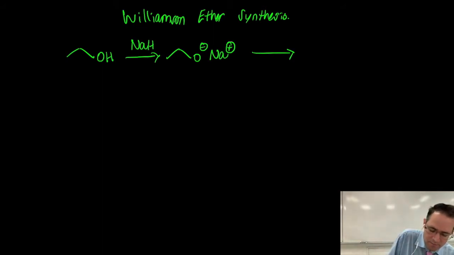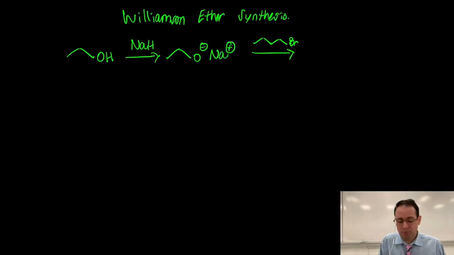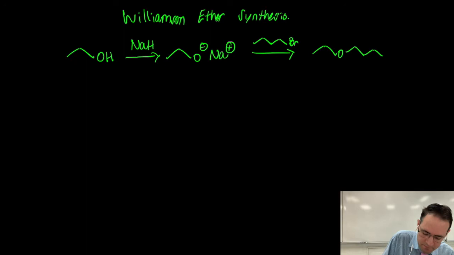In the second step, we would want to add an alkyl halide to this. Let's use bromobutane, and this will form an ether. Okay. Now, how does this work?